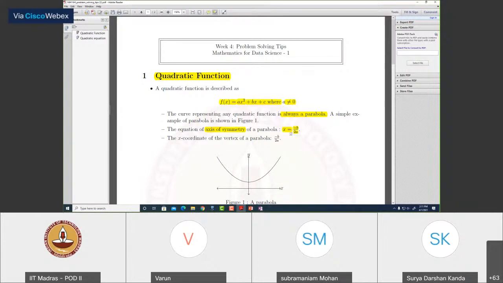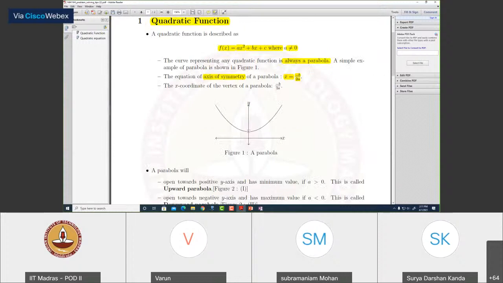And how does the x coordinate of the vertex work? The vertex is at this point. For ax squared plus bx plus c, if you put the coefficient b in the numerator and the coefficient a in the denominator, the x coordinate of the vertex is minus b by 2a.